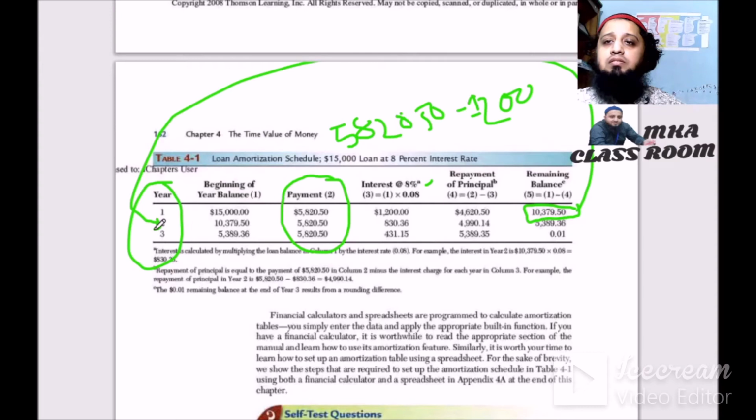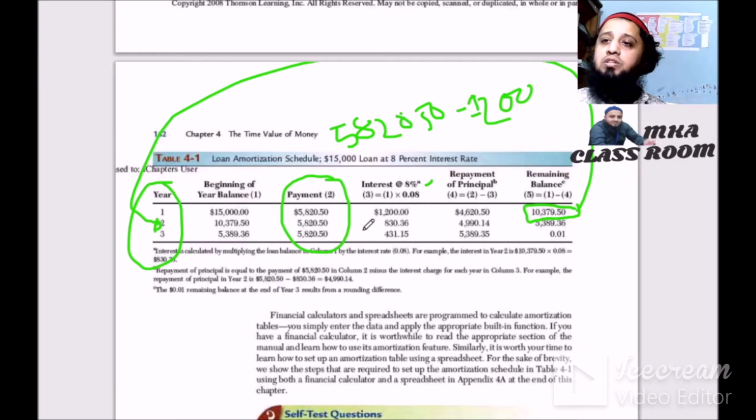Our beginning balance is 10,379.50, and we have to pay our installment of 5,820.50. Interest comes from 10,379.50 times 8%, which is 830.36, and this amount is subtracted from our payment of 5,820.